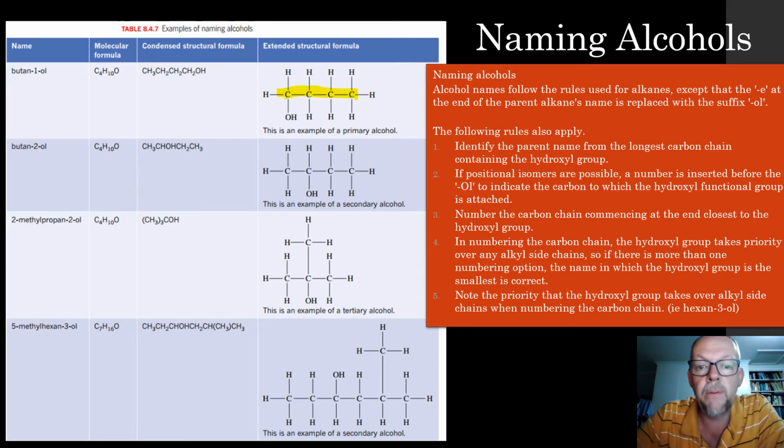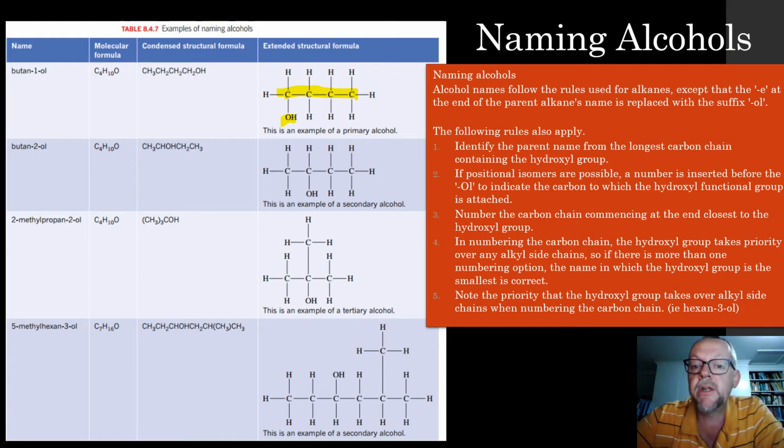Meth, eth, prop, but. So it's a but. Instead of butane, it's going to be a butanol. And you can see that it's found on the first carbon. So it's going to be a 1-butanol. And you always name the alcohols according to the closest OH group.